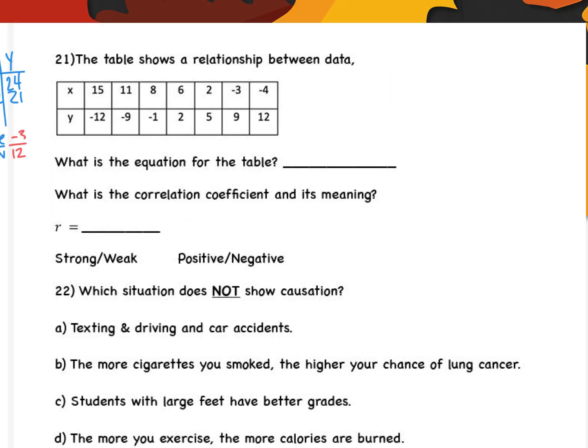We also talked about writing equations for that line of best fit. So this is going to be a y equals mx plus b. That correlation coefficient is r. If you don't know that the correlation coefficient is r, make sure you pay attention to that. And then is it strong or is it weak?